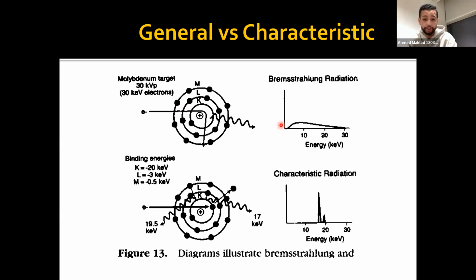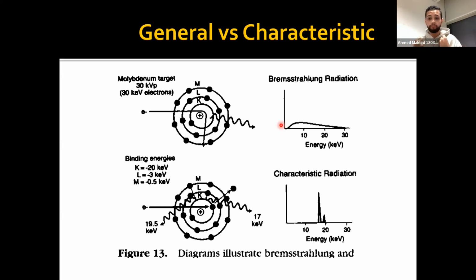And now one more piece of information that you guys need to know is that general radiation has low energy, right? And low energy is bad. Why? Because low energy is either not going to reach the patient, it's just too weak to reach the patient, or if it does reach the patient, it's going to get deposited inside the patient.